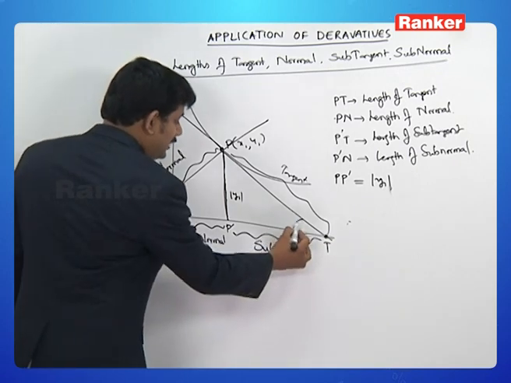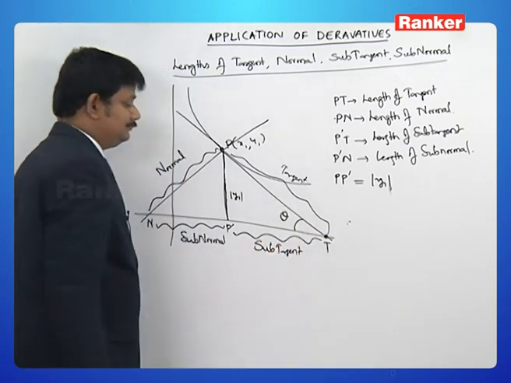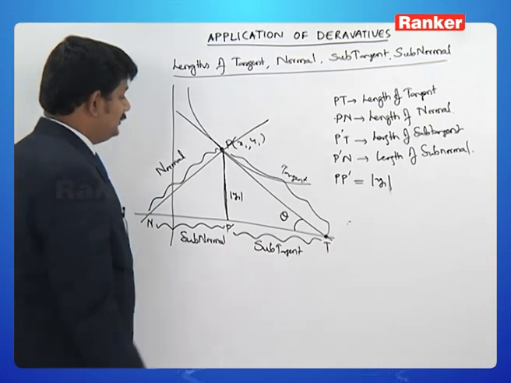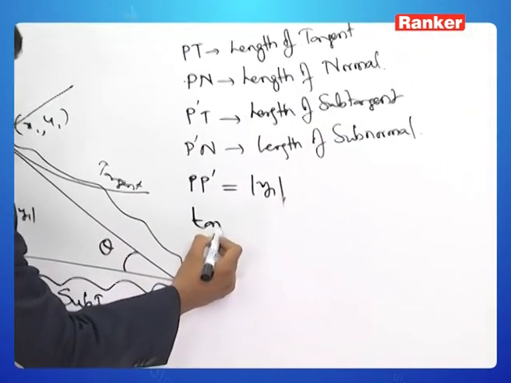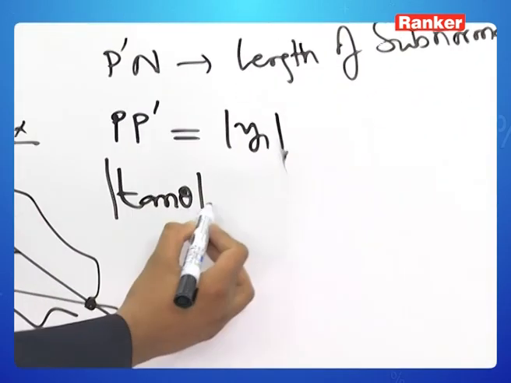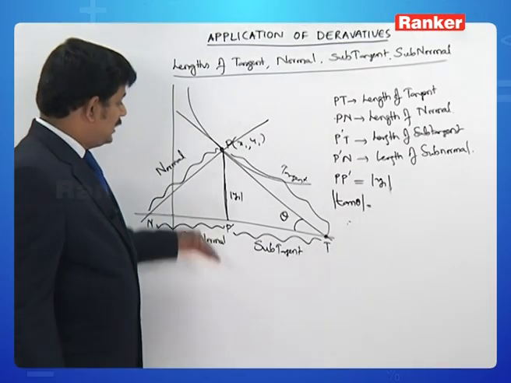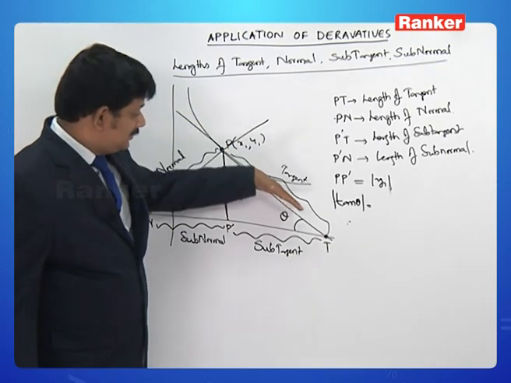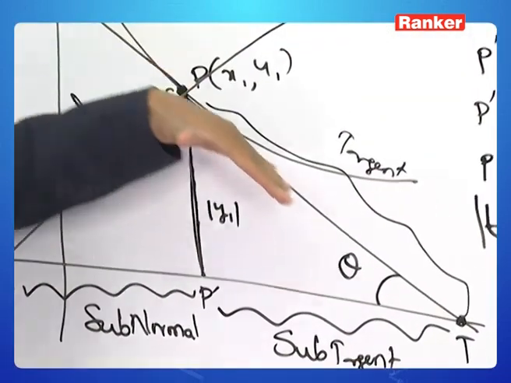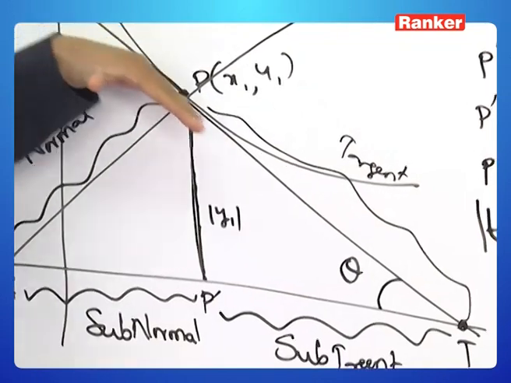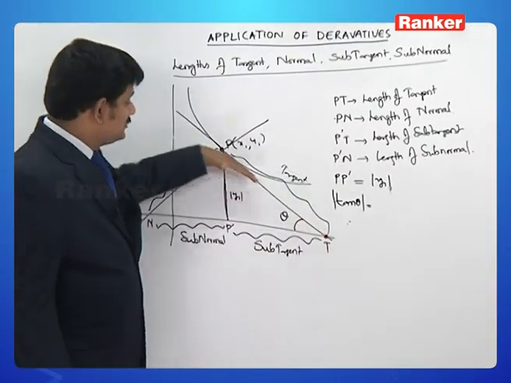Let us call this angle theta. Let's bother only about the absolute value of tan theta. Modulus of tan theta will be same as modulus of the slope of this line, and this line is tangent.